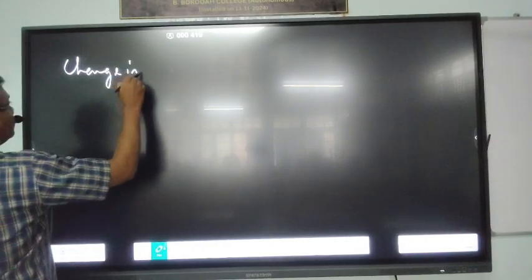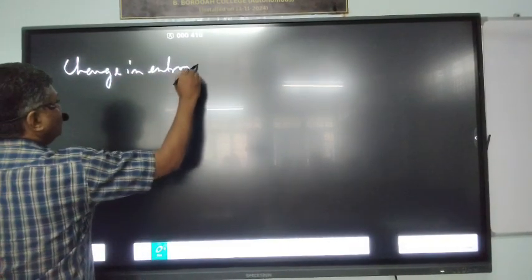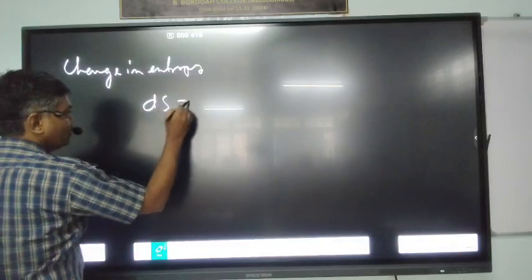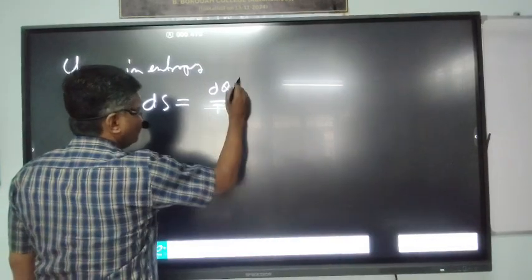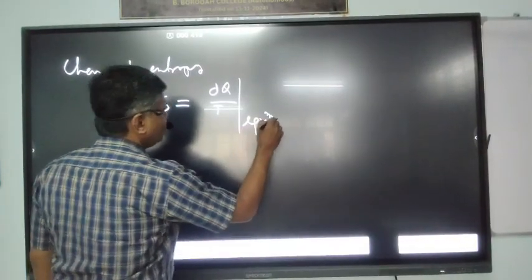So the change in entropy I will get, I will denote it by dS, that means entropy is denoted by S. So dS will be equal to dq by T, and this must always be in equilibrium.